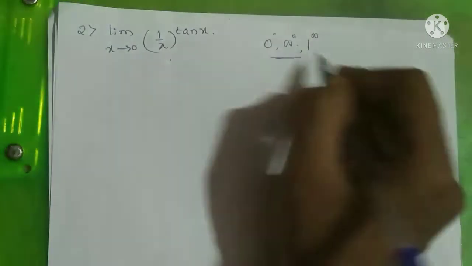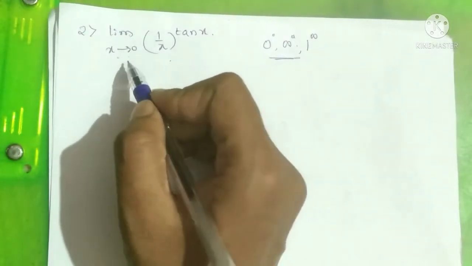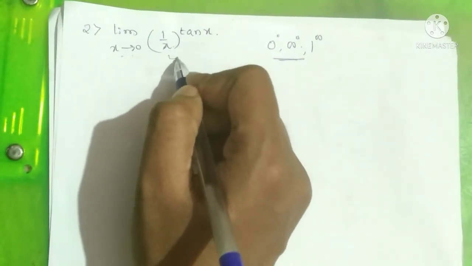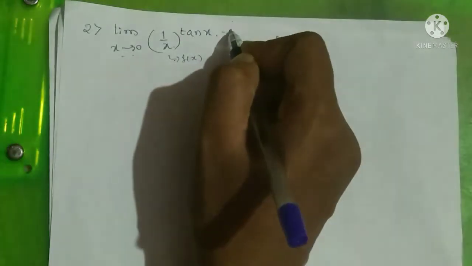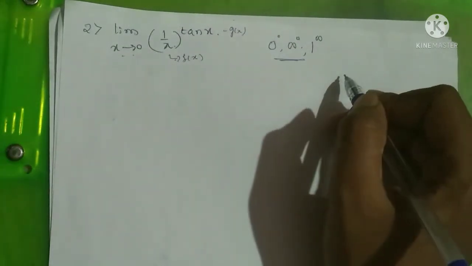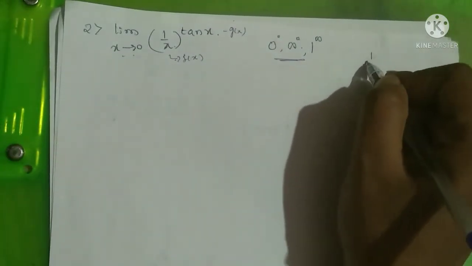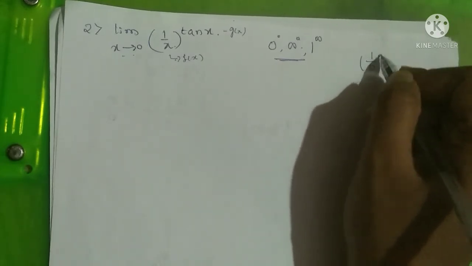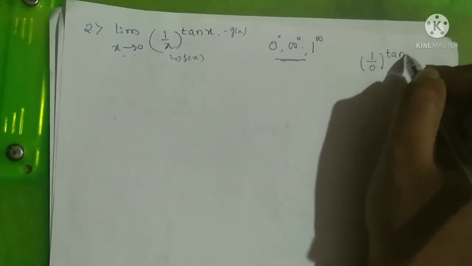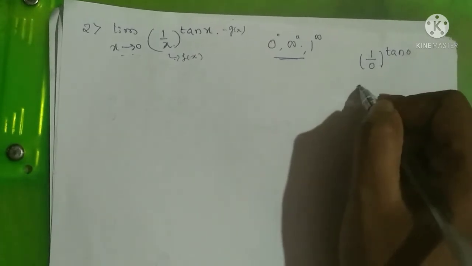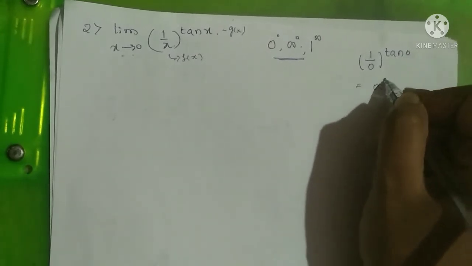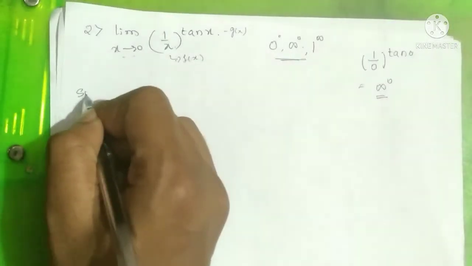So let's substitute the value of the limit in this function. This is your f of x and tan x is your g of x. So 1 by x becomes 1 divided by 0, whole to the power of tan 0. So 1 by 0 is infinity, tan 0 is 0. So it is in the form of infinity to the power of 0.